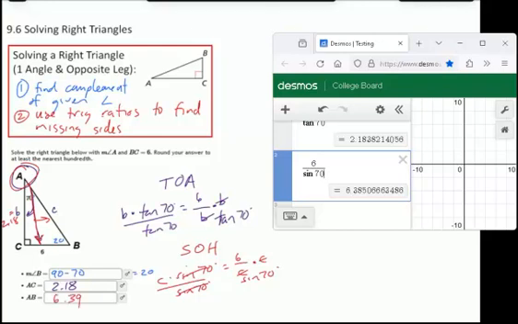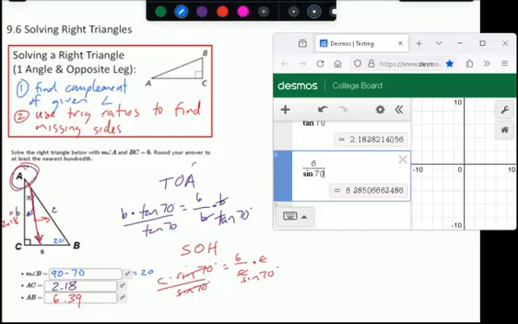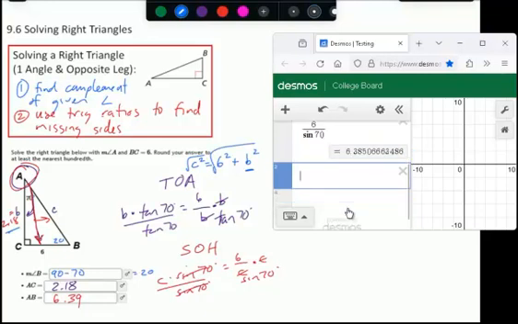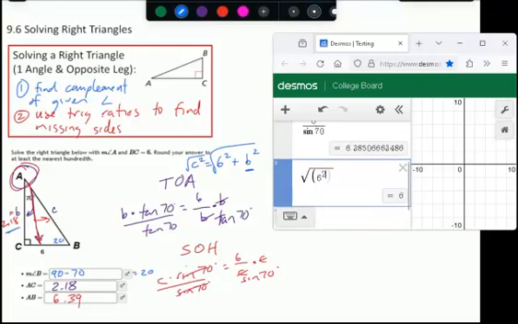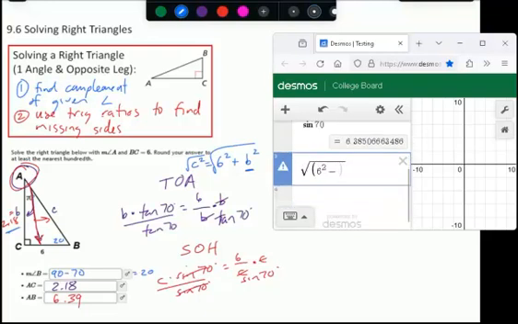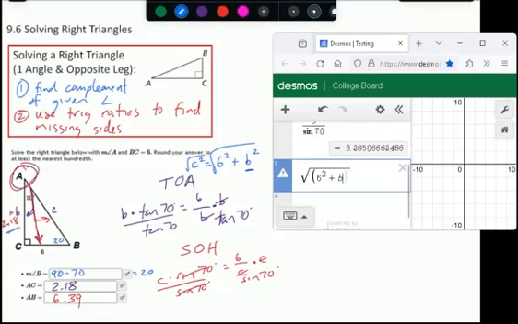However, I could have used Pythagorean theorem on this. If I was using Pythagorean theorem to find AB, I would say that c squared is equal to 6 squared plus b squared, where b is this 2.18. Extract my root. And so I could actually say square root of 6 squared plus b squared.